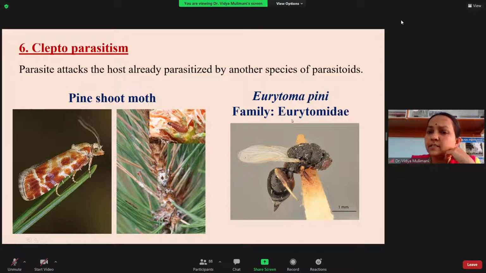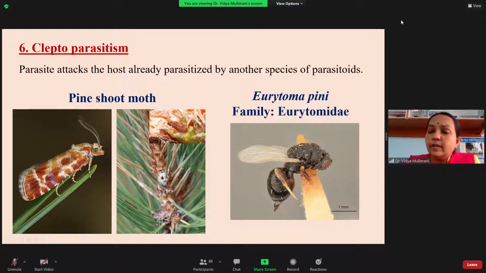So the parasitoid here is Eurytoma pinni. The peculiar behavior of this Eurytoma pinni is that it will not attack the larvae of the pine shoot moth the first time. Only if it is parasitized by another species, then she prefers to lay the egg into the larvae of the pine shoot. That is called kleptoparasitism.